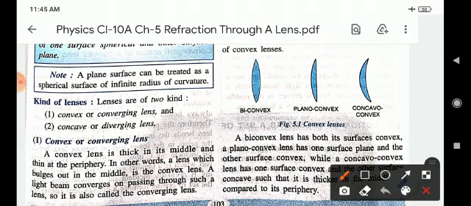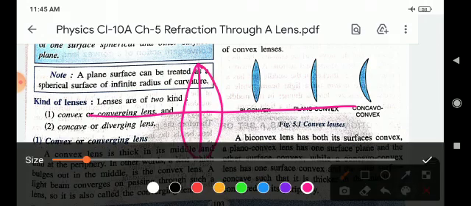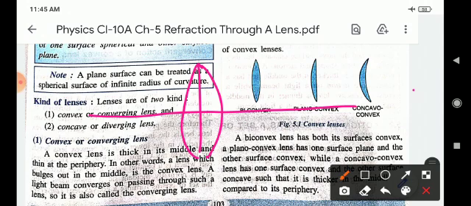For example, this is the principal axis, it is a lens. The parallel line, that is the incident ray, comes parallel to the principal axis and strikes the convex lens.